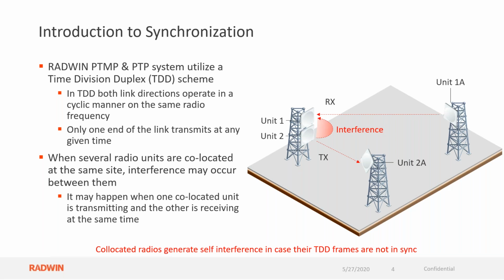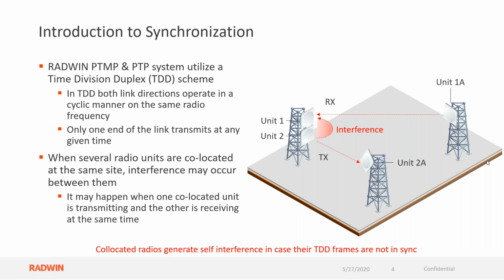In TDD, both link directions operate in a cyclic manner on the same radio frequency. It means that in collocated frequency, only one end of the link transmits at any given time.